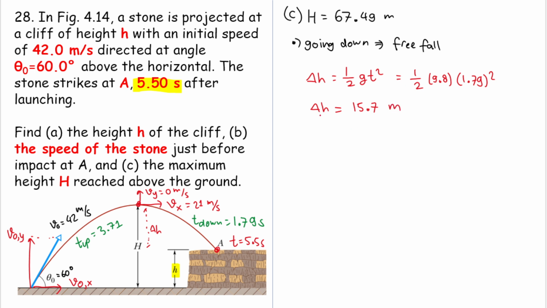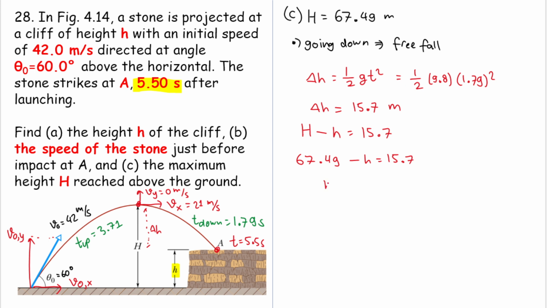But remember that delta H here is capital H minus small letter h. So we have that equal to 15.7. We know that this is the capital H, so we have 67.49 minus h equals 15.7.